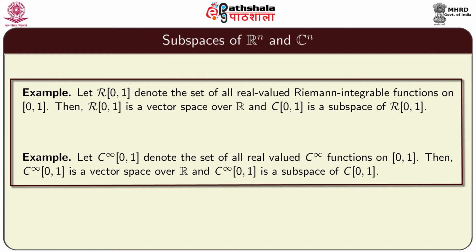So, C[0,1] is indeed a subset of R[0,1]. C[0,1] and R[0,1] are both vector spaces, and the operations are nothing but pointwise addition and scalar multiplication of functions. So, C[0,1] is indeed a subspace of R[0,1].